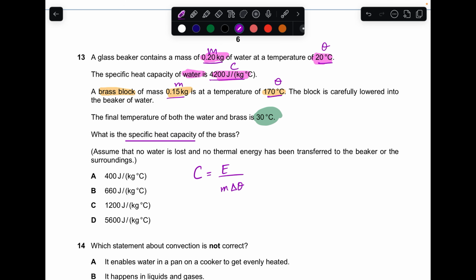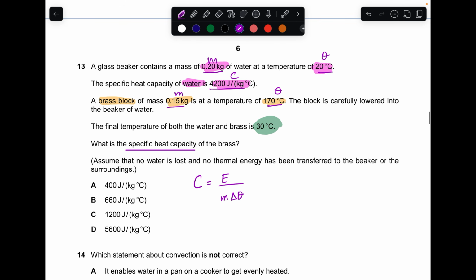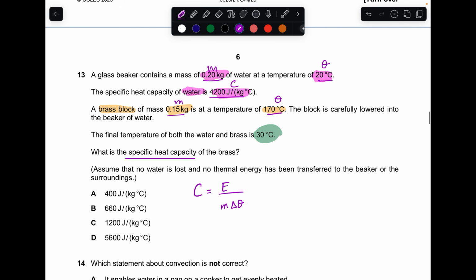The brass was initially at a temperature of, okay, we have to find the energy. The brass block is going into the water, so it's getting heated up by the water.